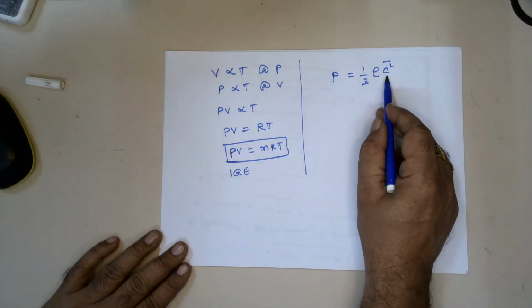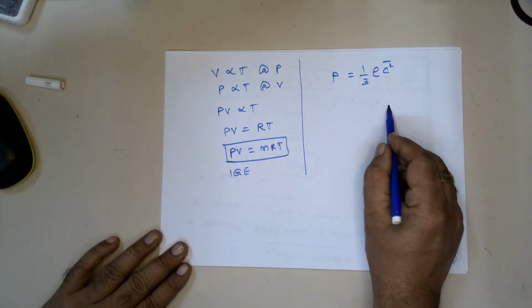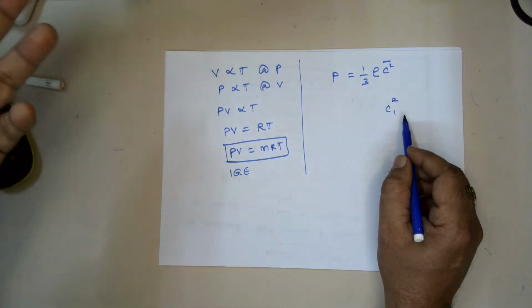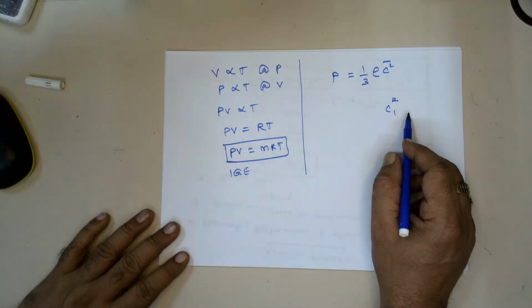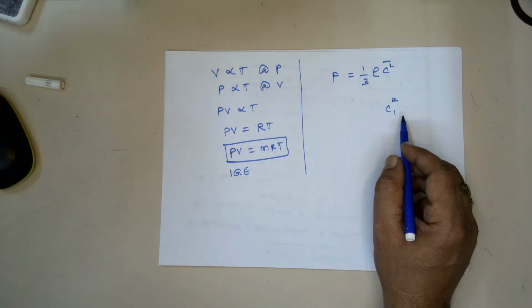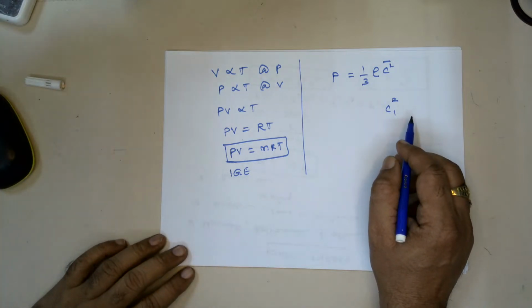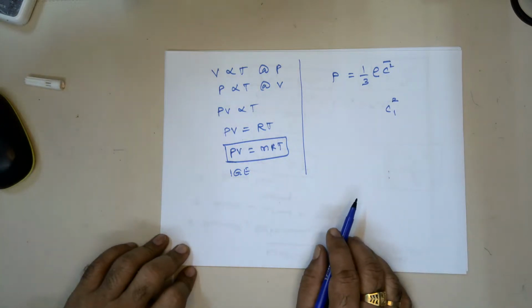C squared bar is nothing but the mean square velocity of the gas molecules. Mean square means that, because it consists of n number of molecules, each molecule will be traveling at a different speed, which can be represented by C1, C2, C3. And we need to consider all.